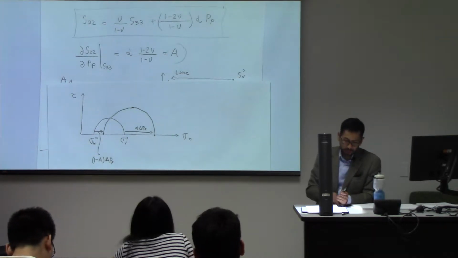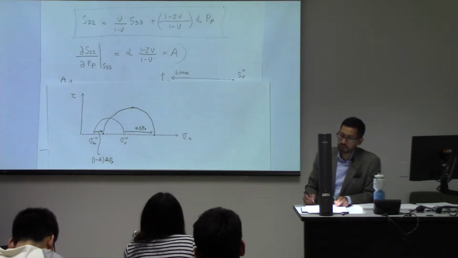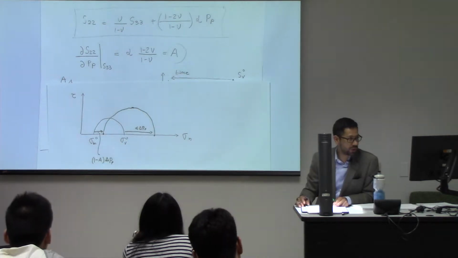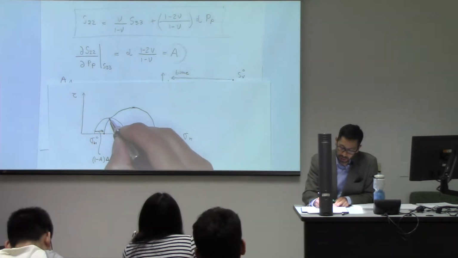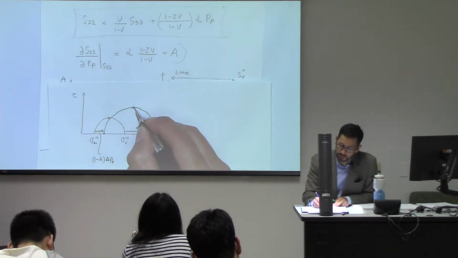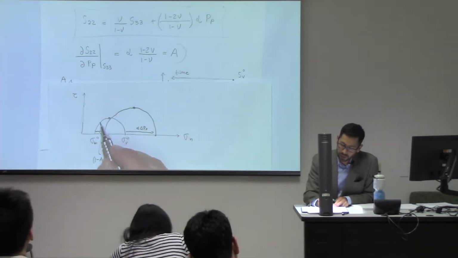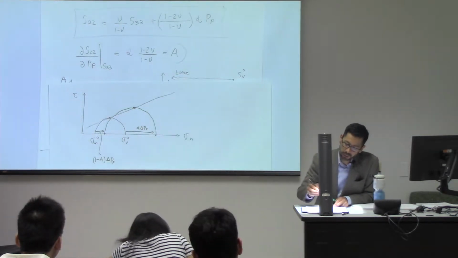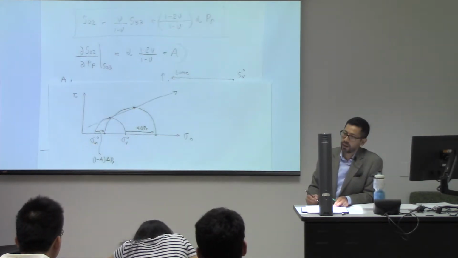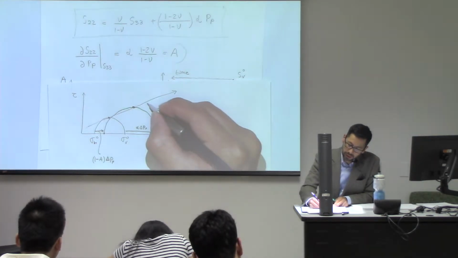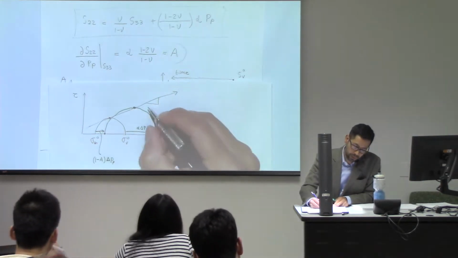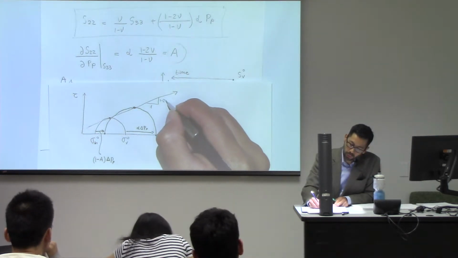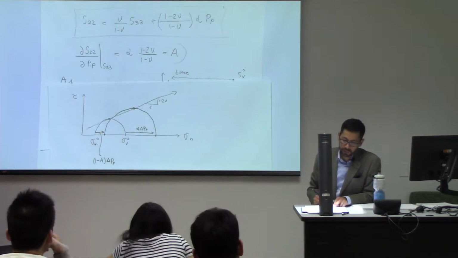And if I were to plot the stress path, I could continue drawing more circles, but I don't want to draw too many circles in here. Something that you can do instead of that is just to draw the stress path of the top of the circle, and it will be a line that will move in that direction with a slope that if this is 1, this is going to be 1 minus 2 times the Poisson ratio.